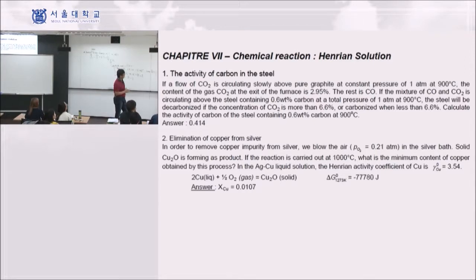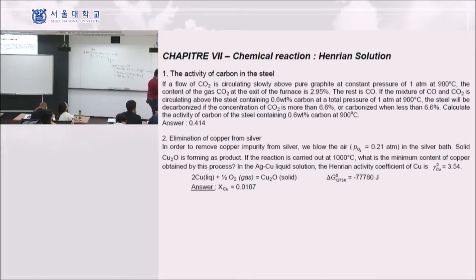If the mixture is circulating above steel containing 0.6 weight percent of carbon at a total pressure of 1 atm at the same temperature, the steel will be decarburized if the CO2 concentration is more than 6.6%, and carburized if the content is less than 6.6%. Calculate the activity of the carbon in the steel containing 0.6 weight percent of carbon.